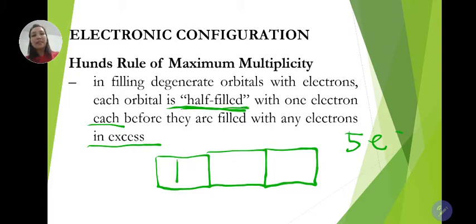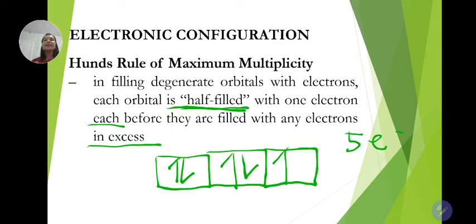So, in filling up these blocks, we will apply the Hund's rule of maximum multiplicity in filling it half-filled first. So, 1, 2, 3, and then, with 1 electron each before they are filled with any electrons in excess. Since we have 2 excess electrons pa, we have 4, and then we have 5.